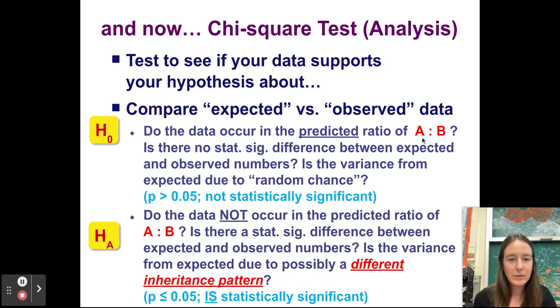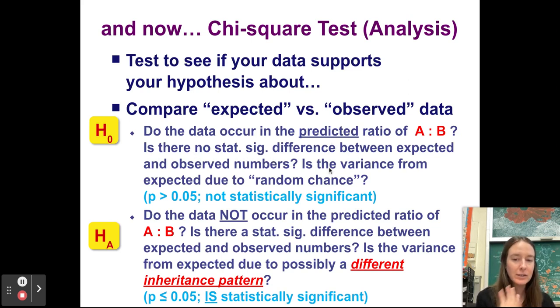So if we predict the ratio to be A to B, is our actual experimental data going to have a statistically significant difference between the observed, what we actually see out in the field, versus what you expect from Punnett squares? And the null hypothesis is that there is no statistically significant difference between expected and observed values.